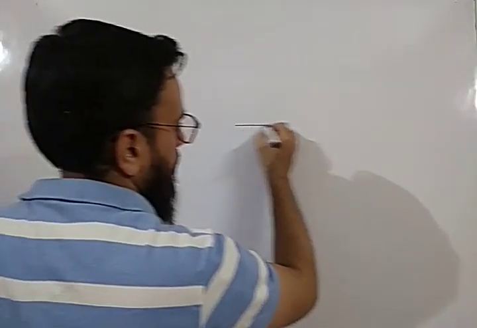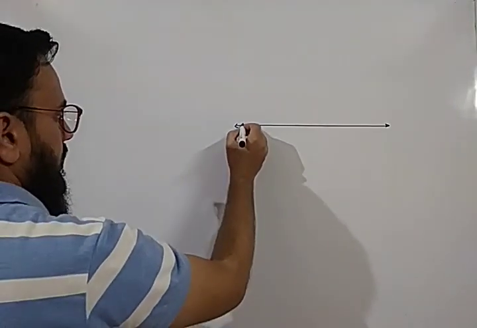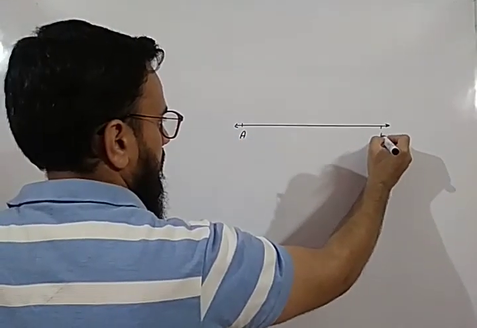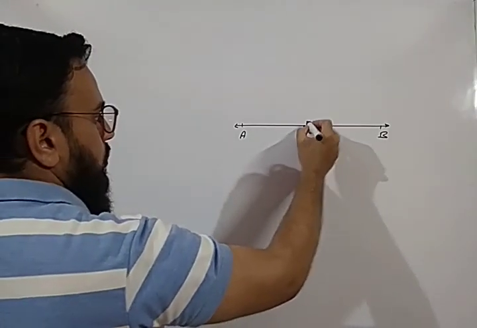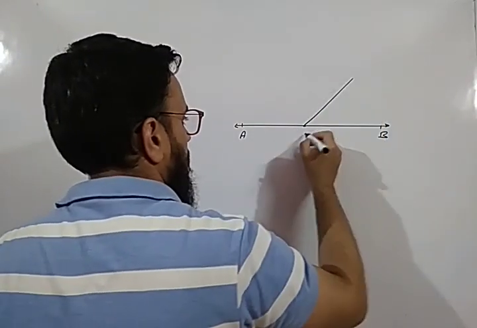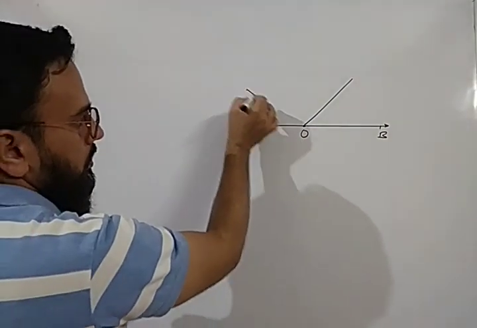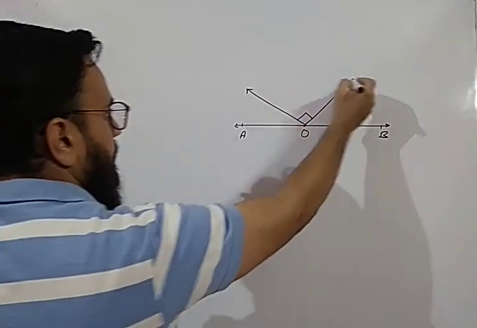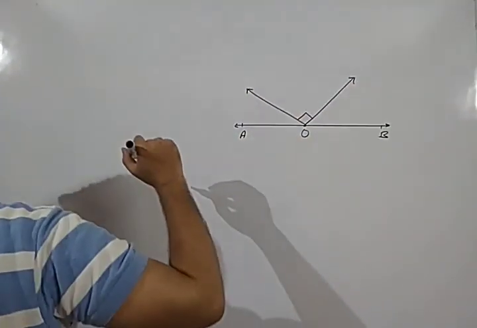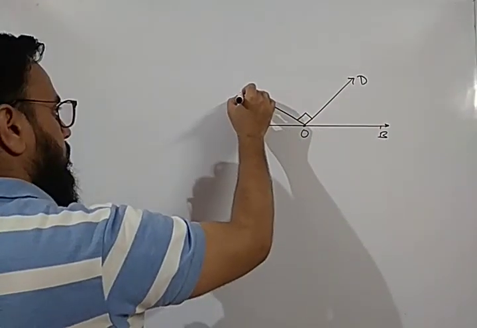So we are given a question. It is a line segment AB. This is a point O. This angle is given as 90 degrees. It is OD and OC.